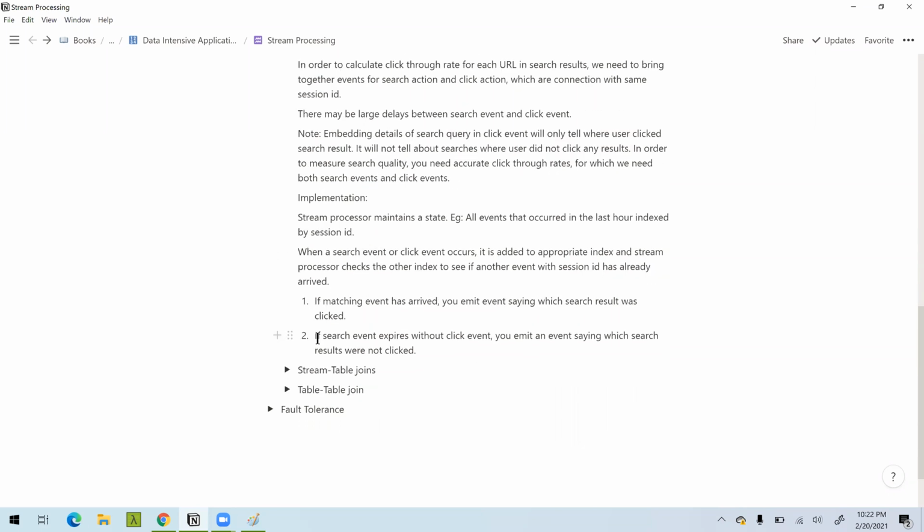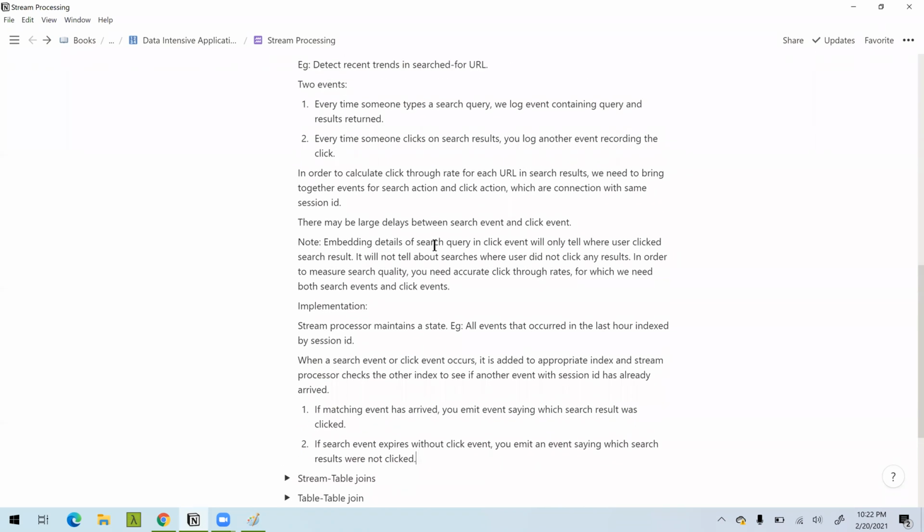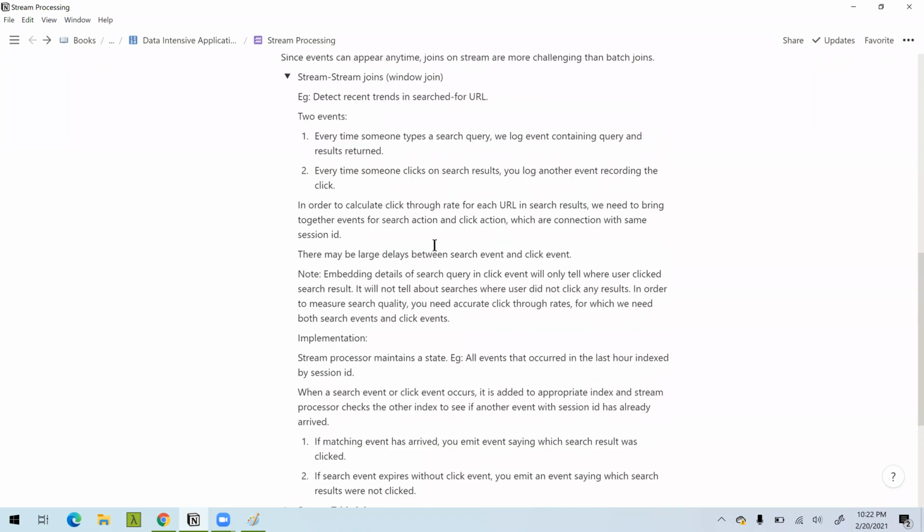So if the search event expires without any click event, you emit an event saying that these search results were not clicked. This is an example of a stream join, where you have two streams and you're doing a join on them.